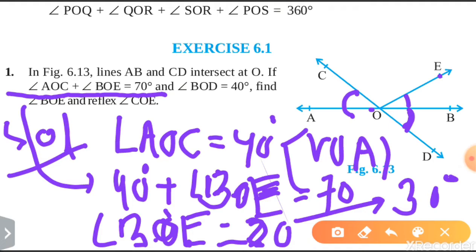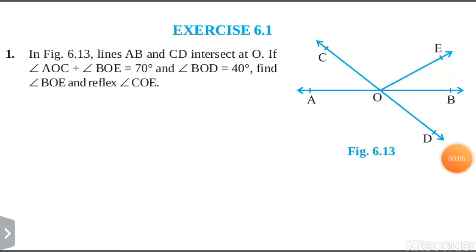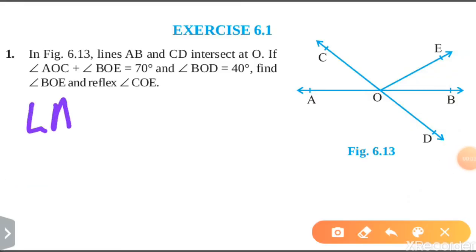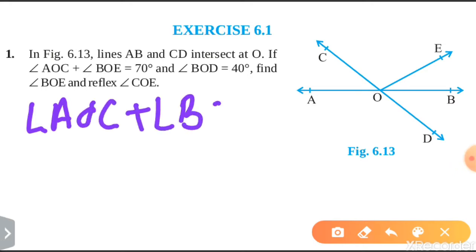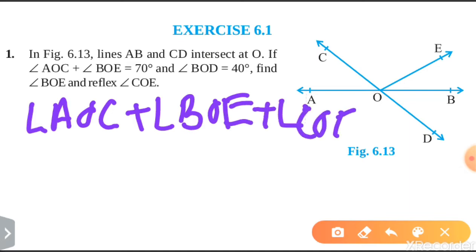Now see the next part. Angle AOC plus angle BOE plus angle COE is equal to 180 degree. Why? Because you can see that AB is a line.